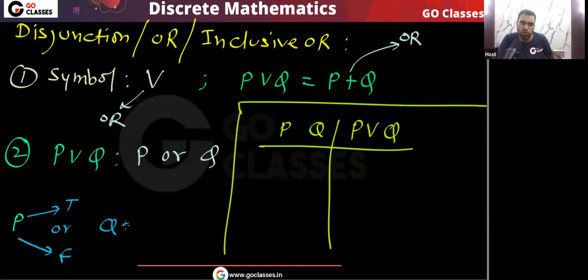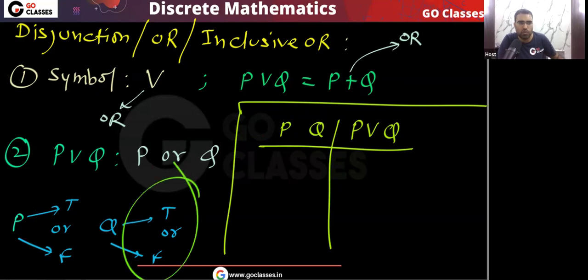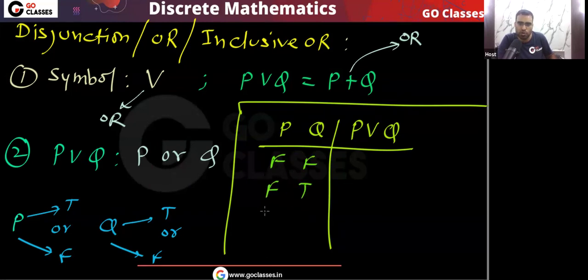Similarly, Q is either true or Q is false, because every variable in propositional logic is either true or false. So the truth value of P is one of them, and the truth value of Q is one of them. So how many truth value combinations are possible? Four combinations are possible. Either they are both false, or P is false, Q is true, or P is true, Q is false, or both are true.